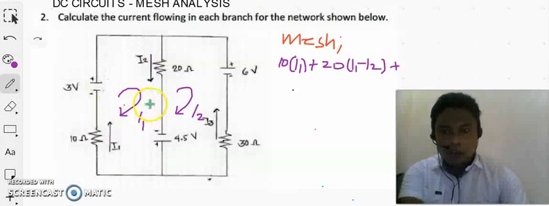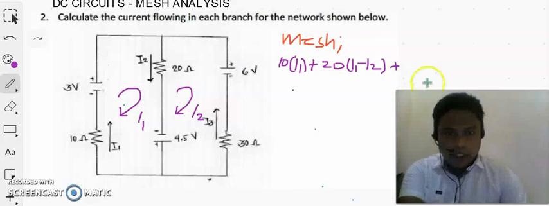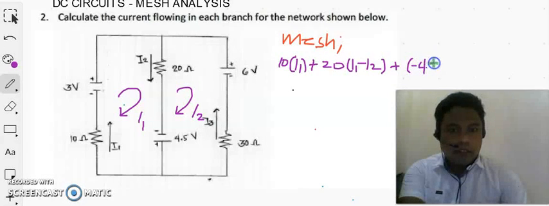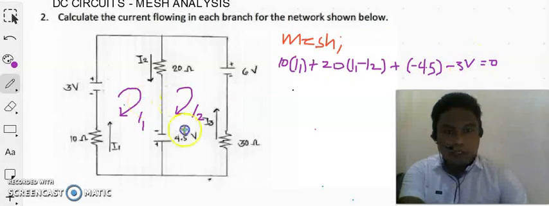Therefore, the equation will be plus, this is negative 4.5, minus 3 volts is equal to 0.